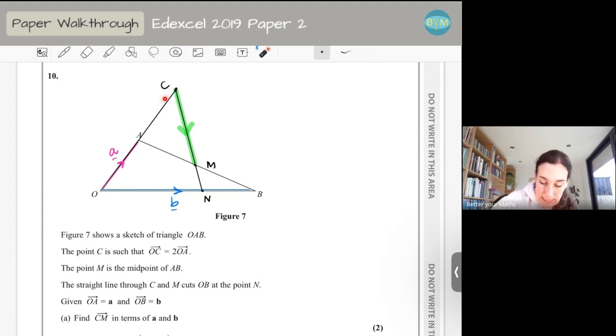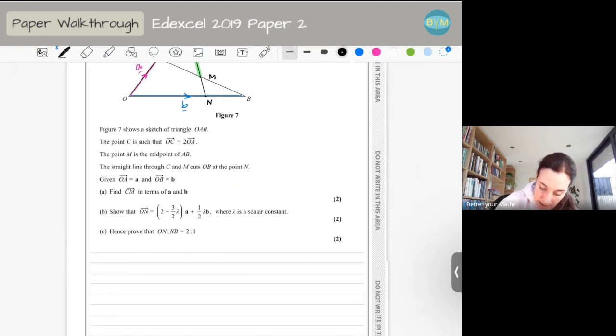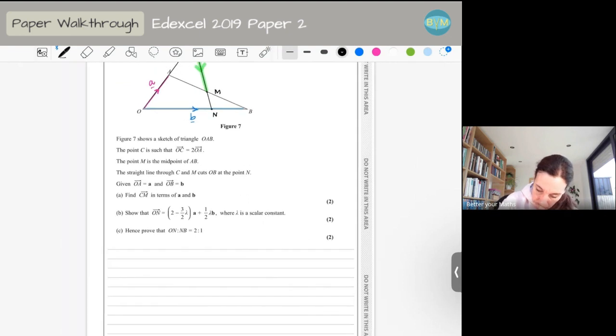CA and OA are the same vectors, but in the other direction, so CA is minus A. I'm going to write the whole thing. So CM is going to be CA plus AM, yeah?